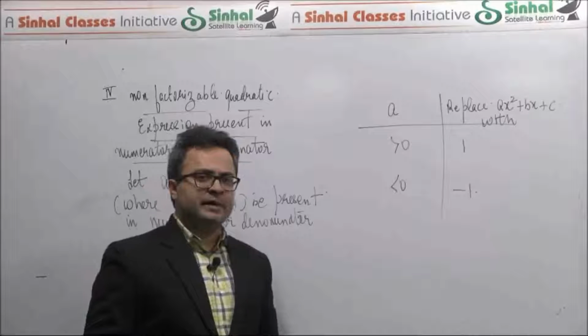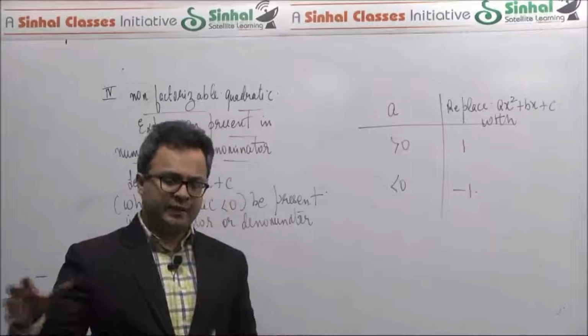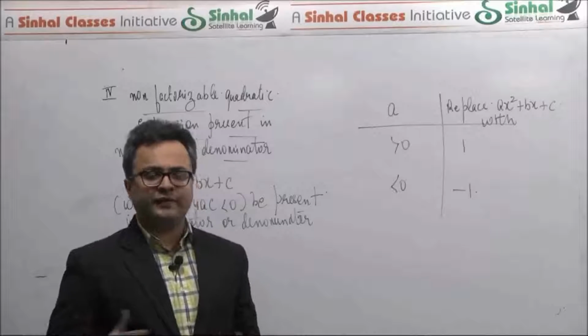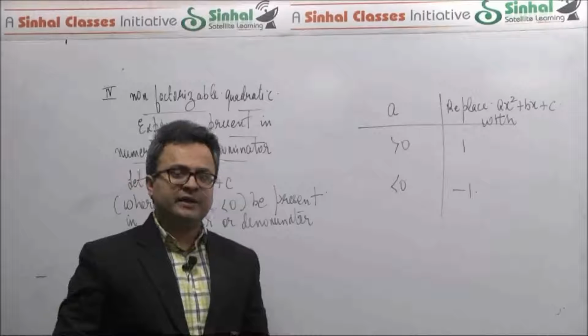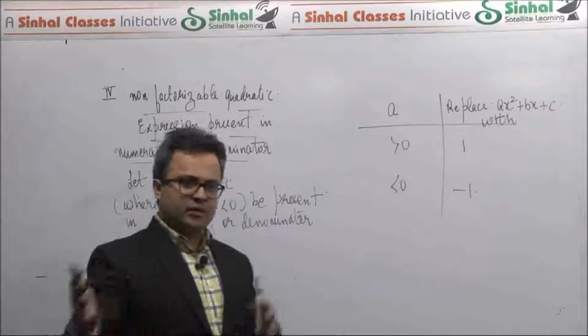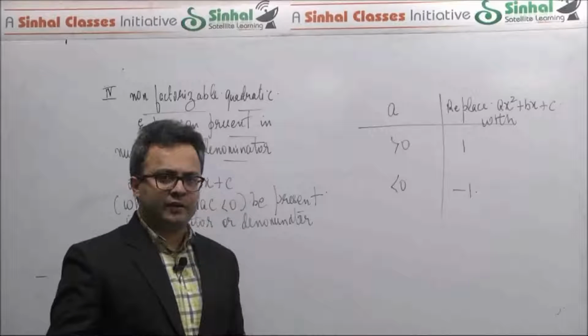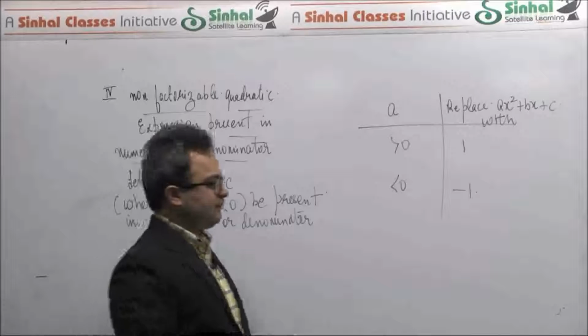But one thing that has to be taken care of is that this is only applicable when you have an inequality of the form f of x by g of x greater than 0 or less than 0 or greater than equal to 0 or less than equal to 0, right? That is to say that there has to be a rational expression on one side, and on the other side you need to have a 0.